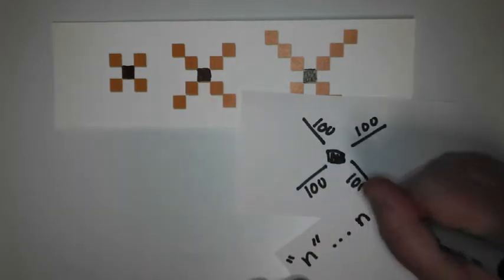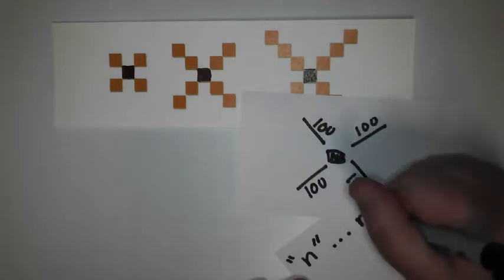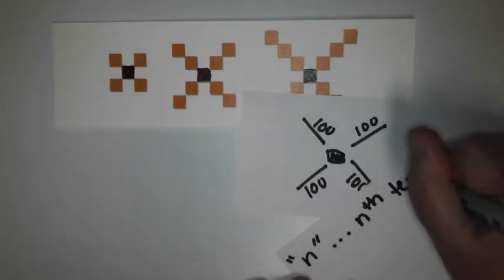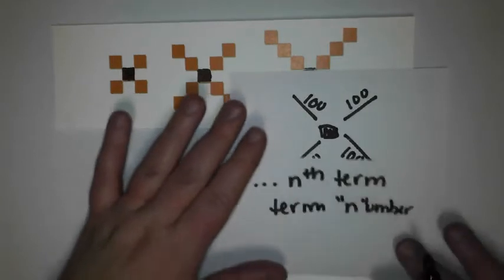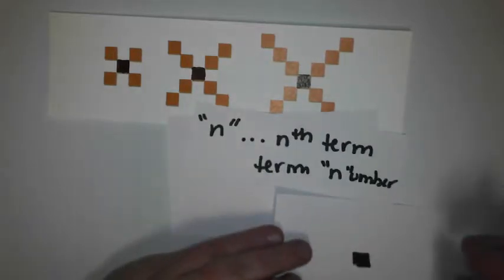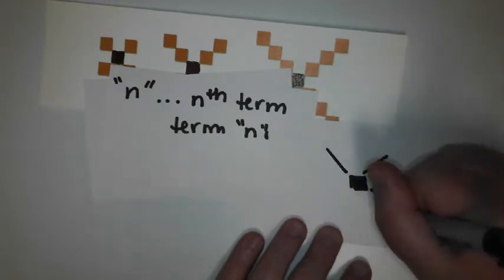But what if I just want to know what the nth term is? And what the nth term means, and here, we're going to call this the term number. So that's the only reason why I'm using n here. So let's take a look at that picture. For this picture, I would have the center block no matter what. I have 4 arms.